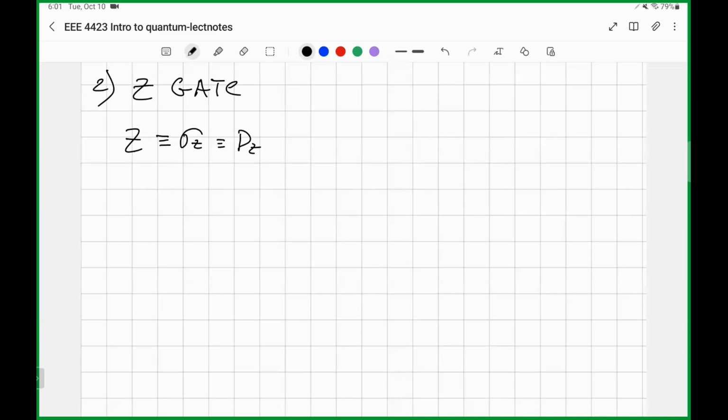In the IBM Quantum, it's given by Z. So the matrix of this Z gate coincides with the Pauli Z matrix, which is 1, 0, 0, minus 1. Or in terms of the outer product, it's going to be state 0 state 0 minus state 1 state 1.